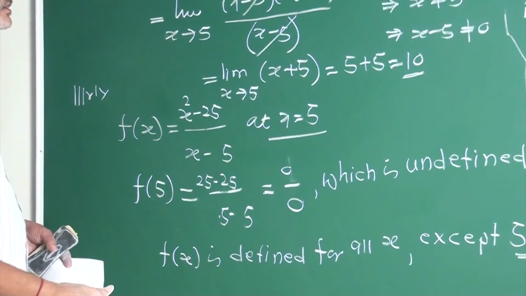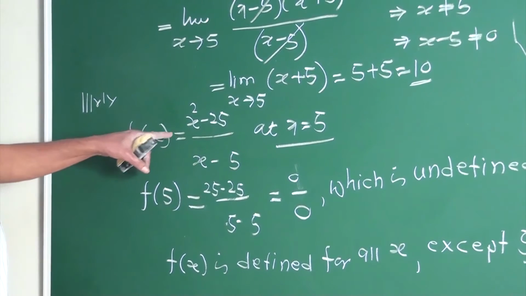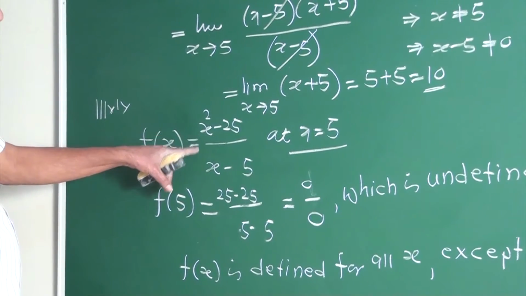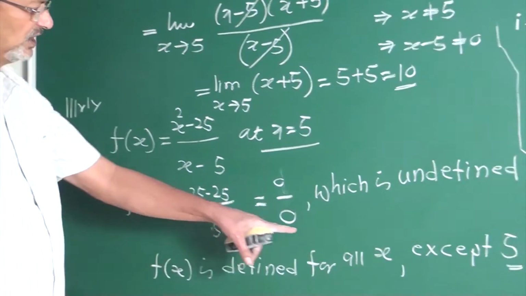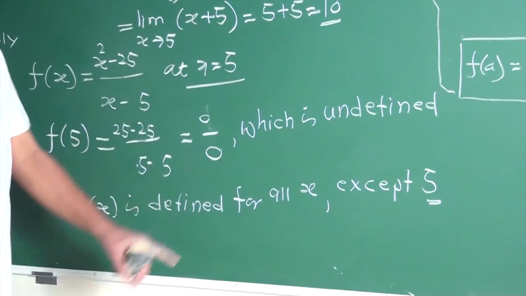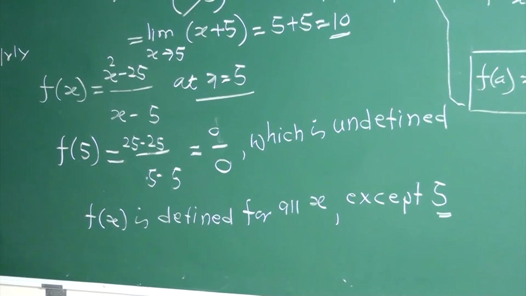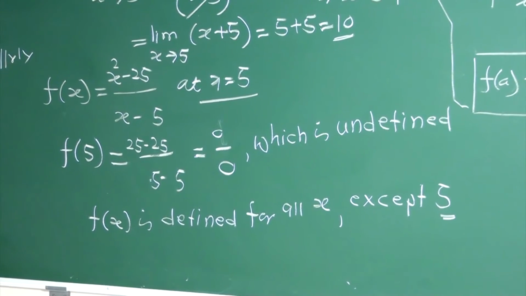So this function, x square minus 25 upon x minus 5, is continuous for all x except x equal to 5. Means for x not equal to 5, it is continuous.